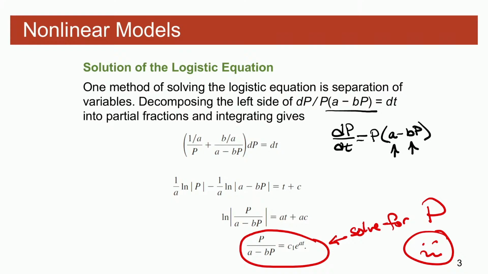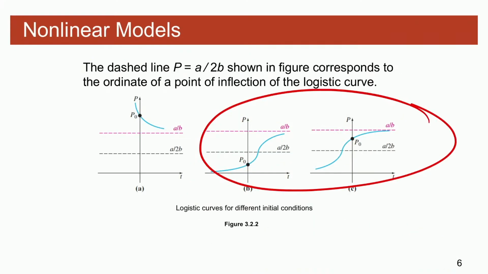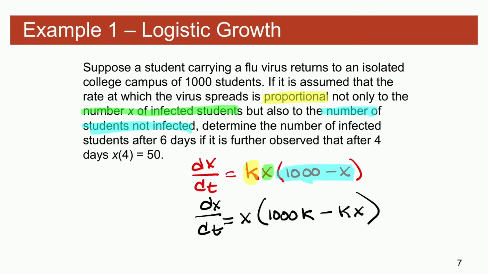So in this case, this number is little a, which is 1,000k, and this number is little b, which is k.